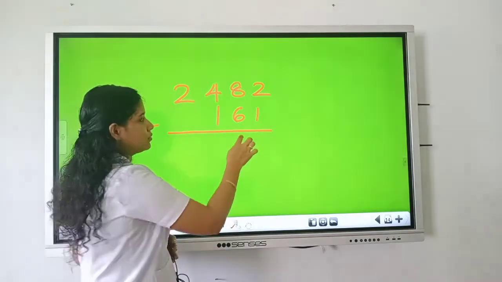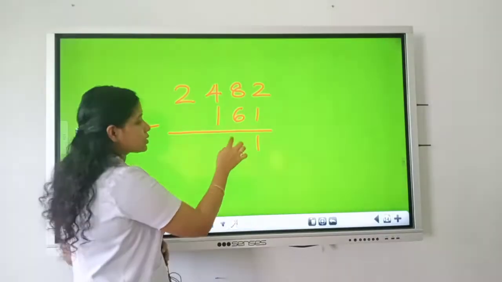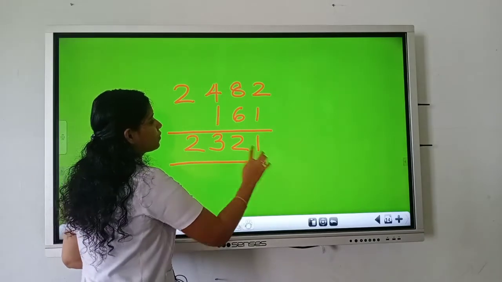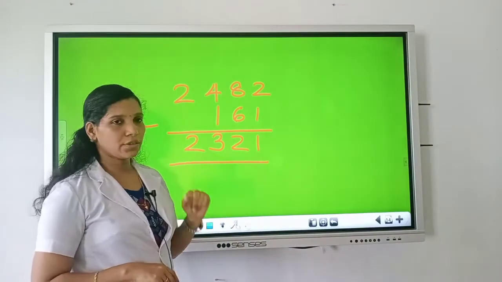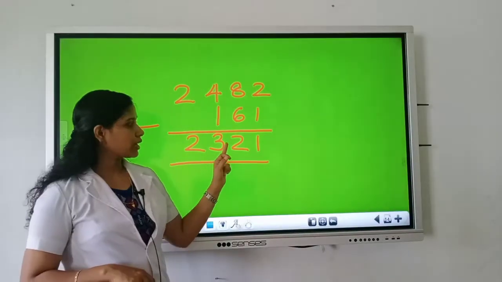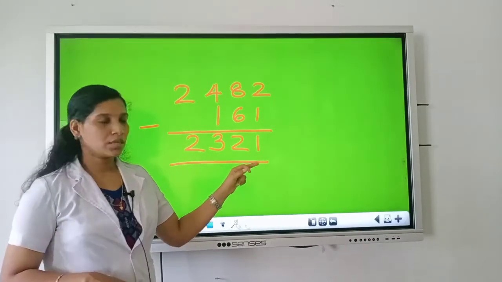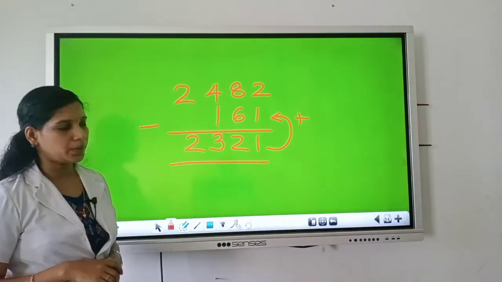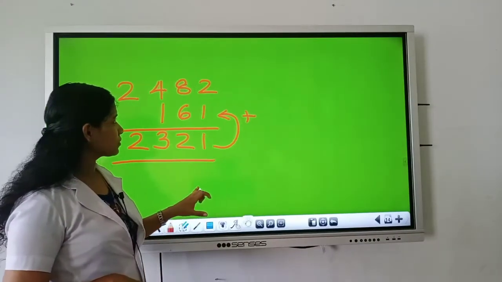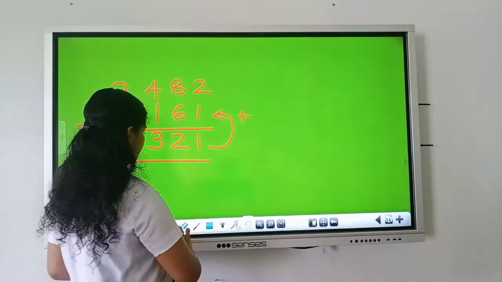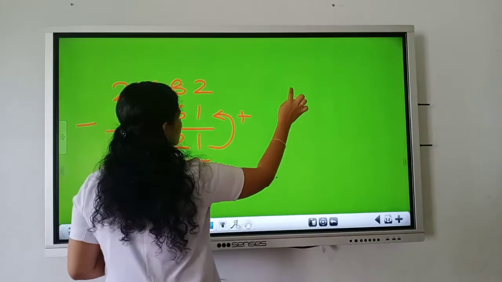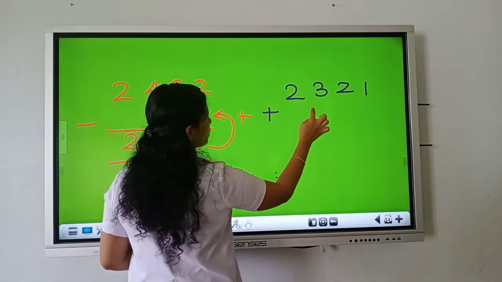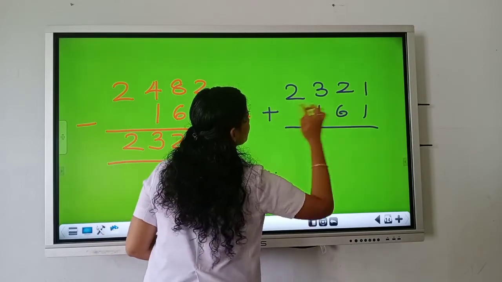2 minus 1, 1. 8 minus 6, 2. 4 minus 1, 3. 2 itself. So this is your difference. 2321 is your difference. To this you add the smaller number. So let's check. 2321 plus 161.